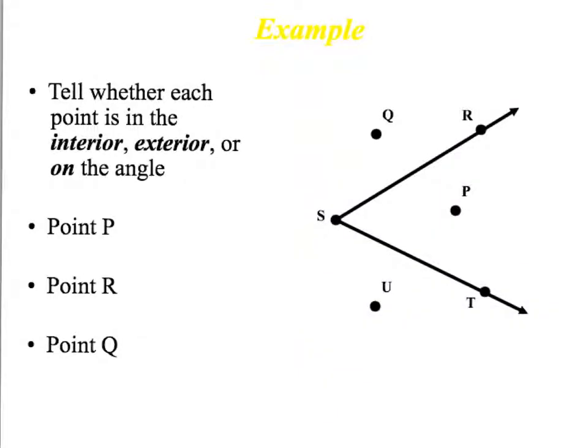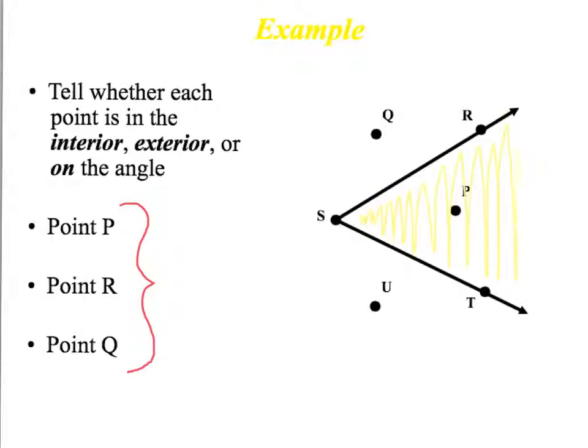So let's look at one final example. And on this example, we are going to tell whether each point is in the interior, exterior, or on the angle. And the points that we are going to focus on are these 3 down here. So let me start off by coloring the interior of this angle.